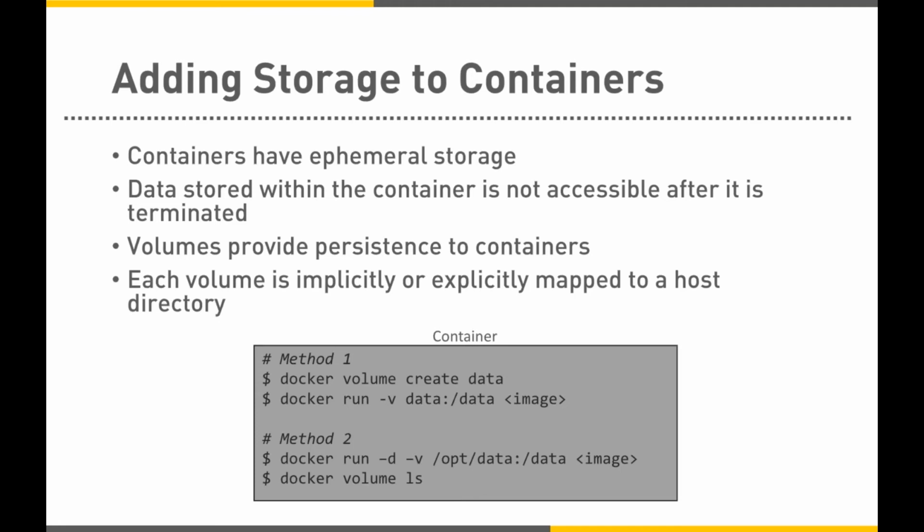To bring persistence to containers, Docker offers a concept called volumes. Each volume can be implicitly or explicitly mapped to a host directory. Basically, if you're running it on a VM or any host, I use the terms VM and host interchangeably because we are running it in the cloud.